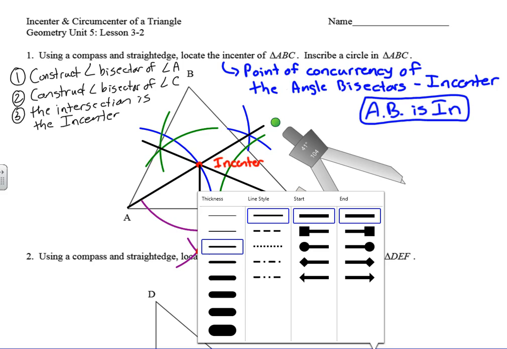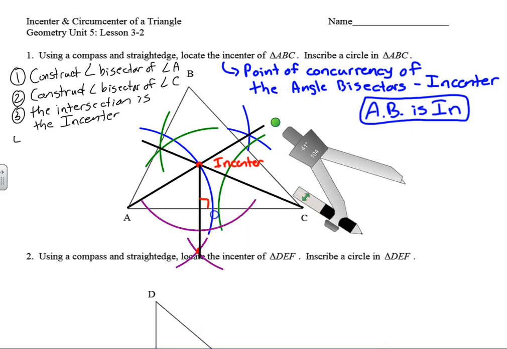So just as we're writing our instructions, it's construct perpendicular line from the incenter to one side. It doesn't really matter which side you do. And then what I've got there is that line gives me the radius of the circle.